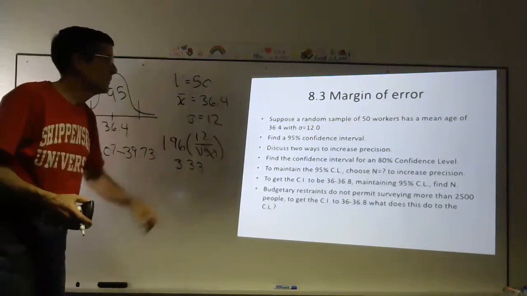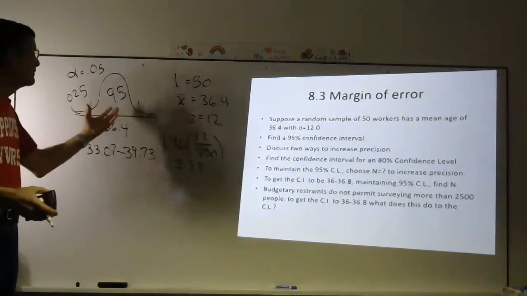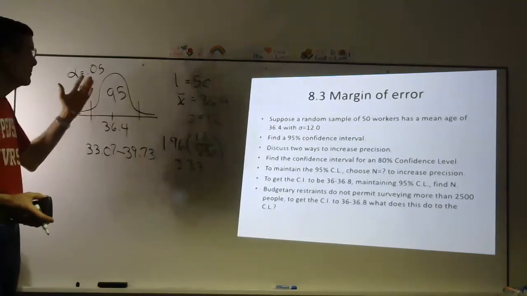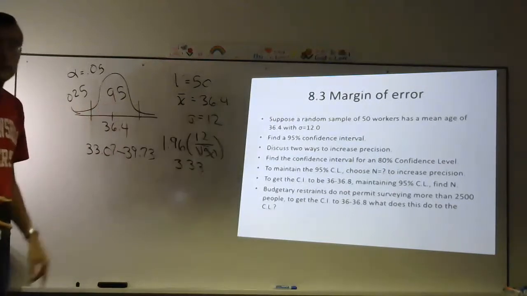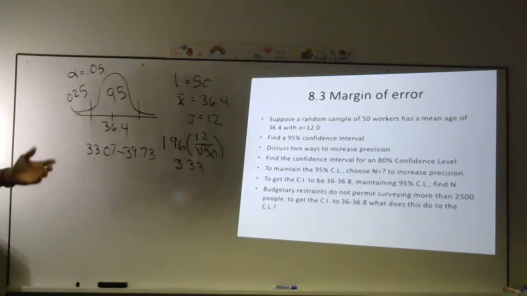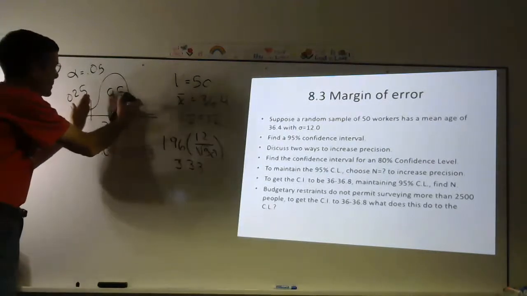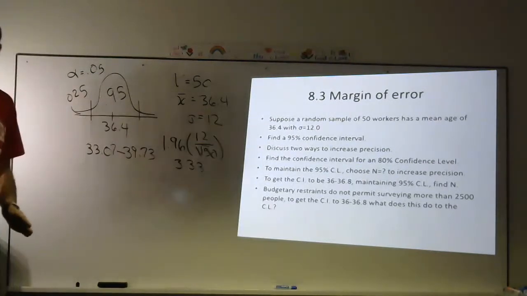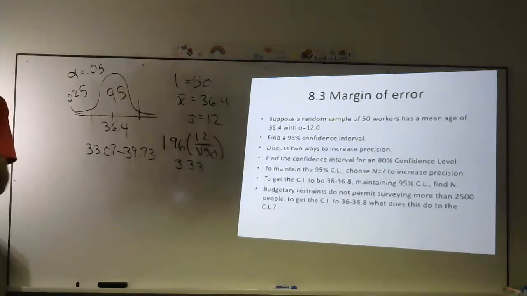Let's talk about 2 different ways to increase precision, all right? I am 95% confident that my actual population mean is in here. Now, if I wanted to increase precision, I could shrink this in. If I can shrink that in, it's going to more closely push that population mean into a smaller range, and it's going to increase the precision.